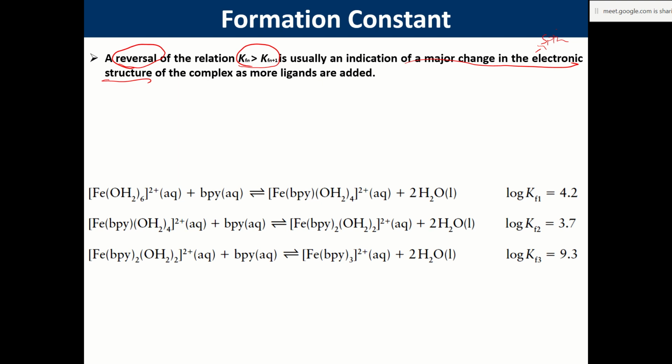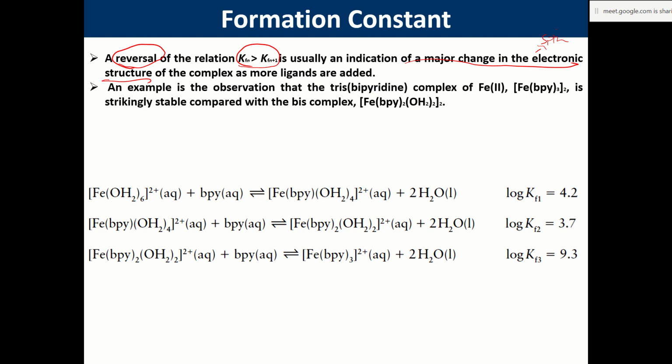In that case there will be a strong variation and it will not follow the trend. The general trend is that Kf1, Kf2 gradually decrease, but if something unusual happens the trend may not be followed. So that exception is discussed here.